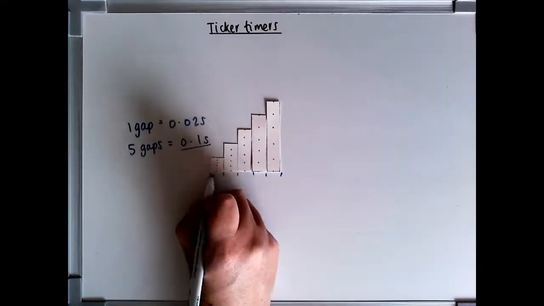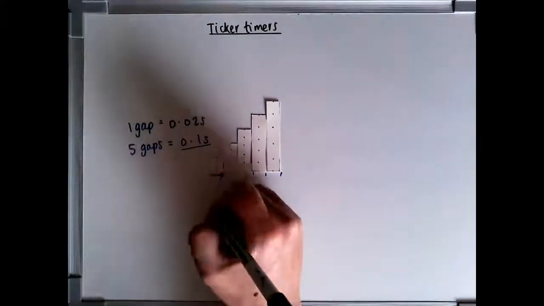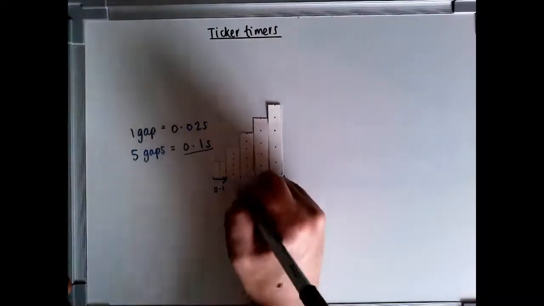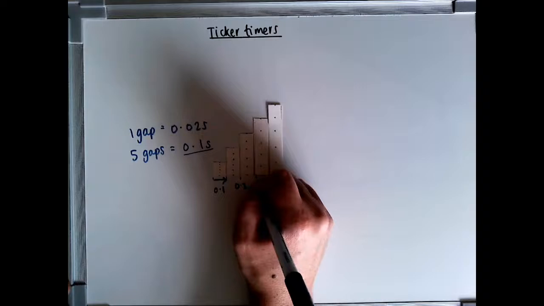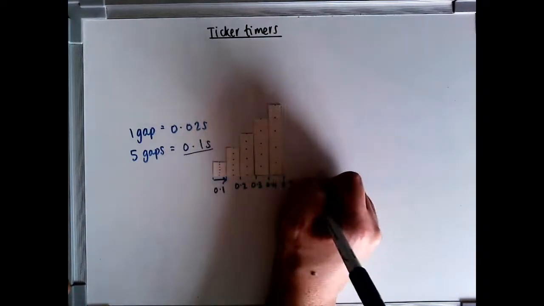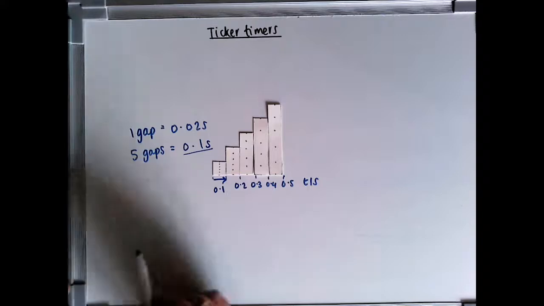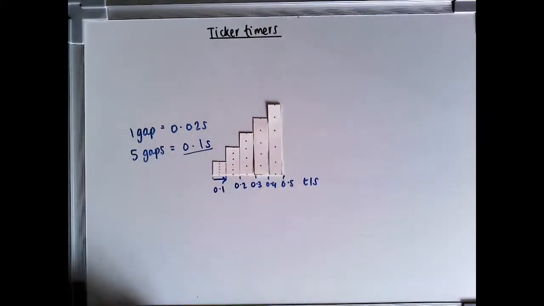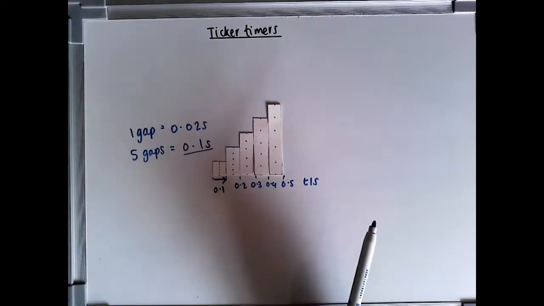Okay, so going across one took 0.1 seconds. So I know that actually this can represent time. Going across, because they're equal distances, and each section itself took the same amount of time, 0.1 seconds, I can use it to plot time on my x-axis.